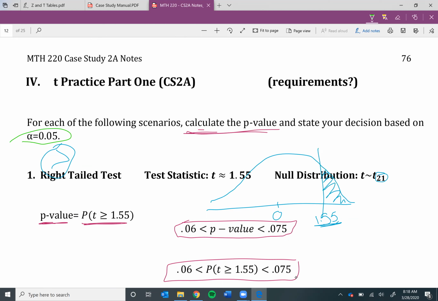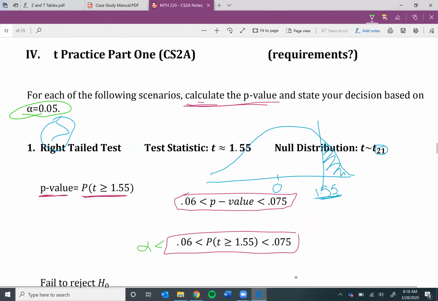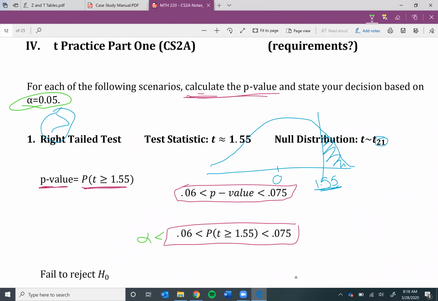Alpha equals 0.05, so you can say 0.05 is smaller than 0.06. I also could have written this as alpha is smaller than 0.06. So our alpha is smaller, not our p-value, which means our p-value is bigger. So what does that make our decision? Fail to reject H0.